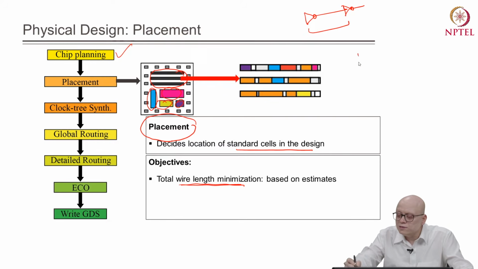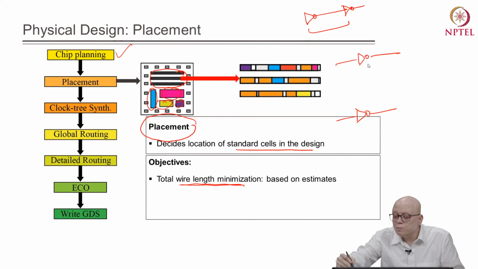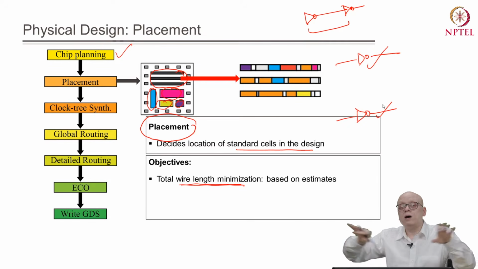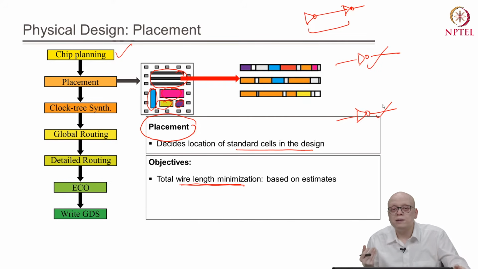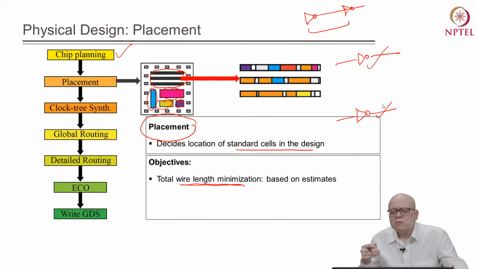And if there is one inverter and another inverter which are totally independent, not sharing signals and not connected, then they can probably be moved further apart on the layout without impacting the PPA, right. Wire length minimization can also be a tricky task at the placement level, because we have not yet done the routing in the design.